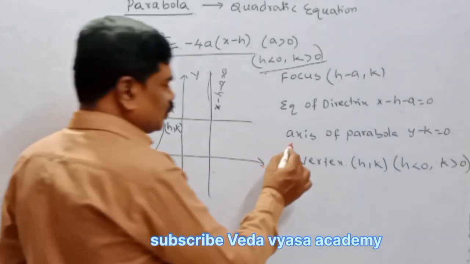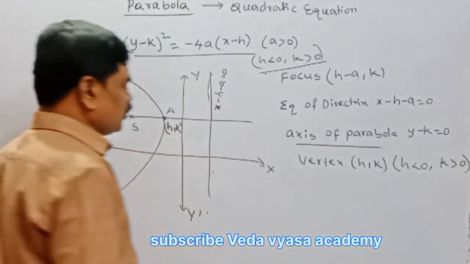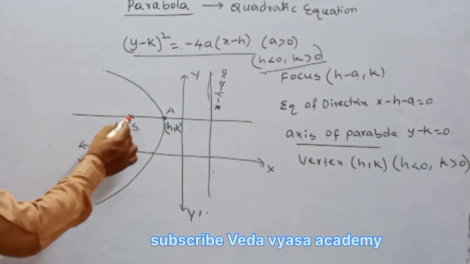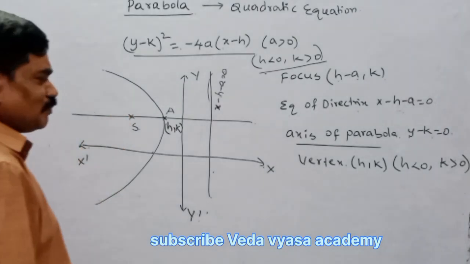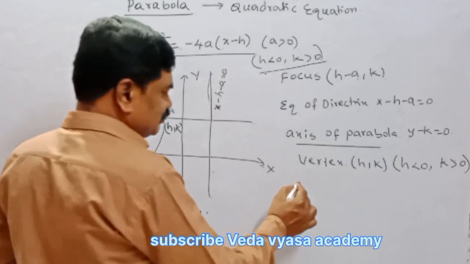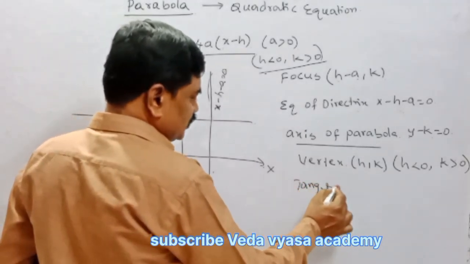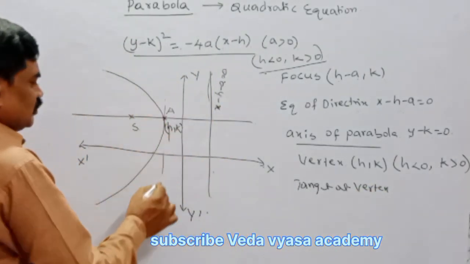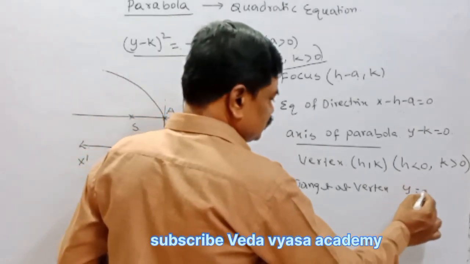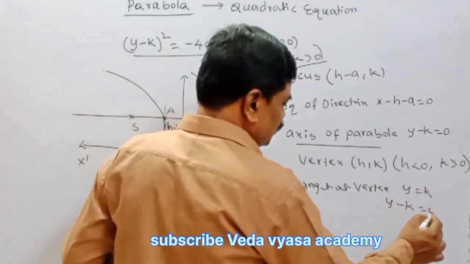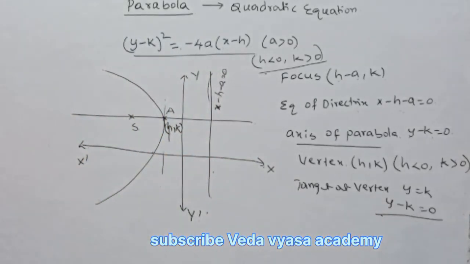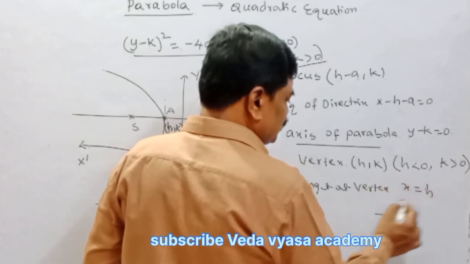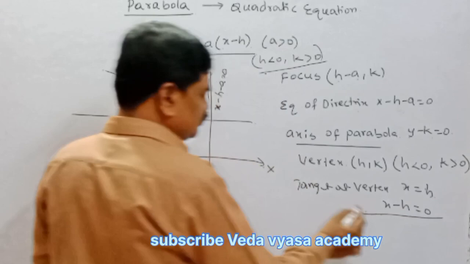Then the axis of the parabola is what? Y minus k is equal to 0. The axis of the parabola is parallel to the x axis. And the tangent at vertex of the parabola is, sorry, x is equal to h, x minus h equal to 0.